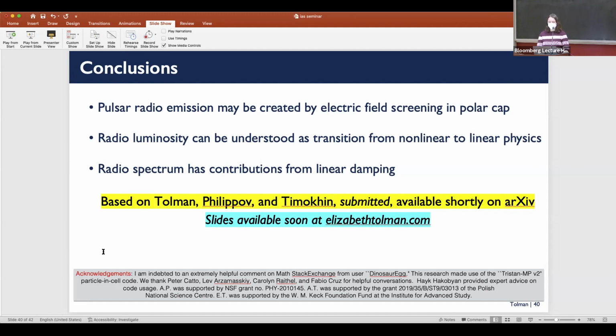Is this the only theory that can explain the radio emission from pulsars, or are there any other proposed theories that also try to explain it? This is a subject with a kind of long and fraught history. There are other potential explanations. Some people think that this radio emission results from some sort of two-stream instability that exists in the polar cap region.